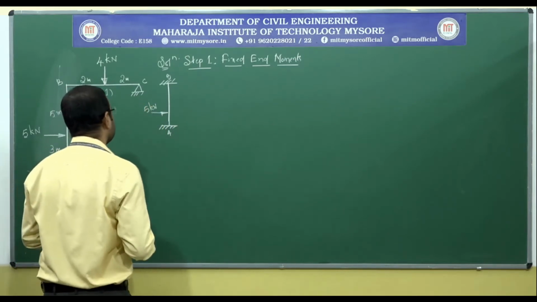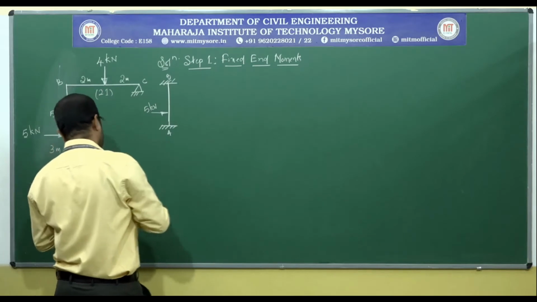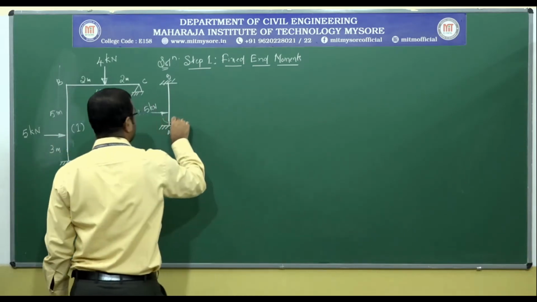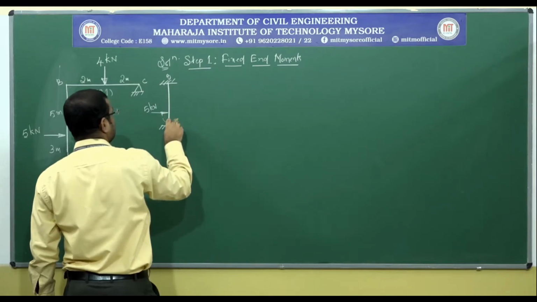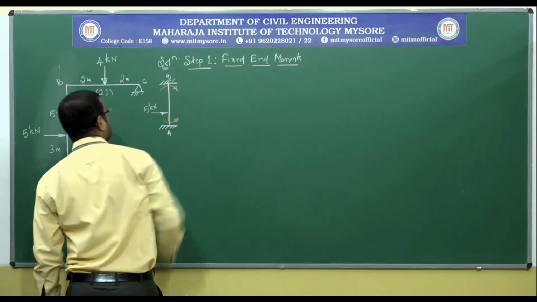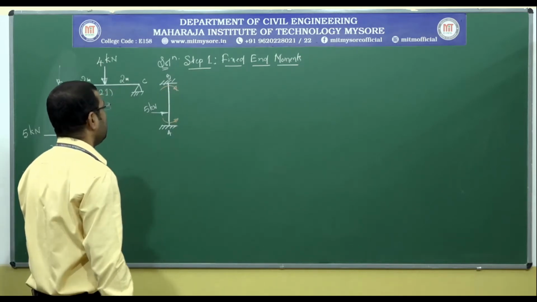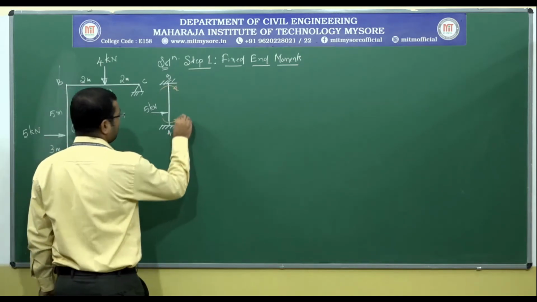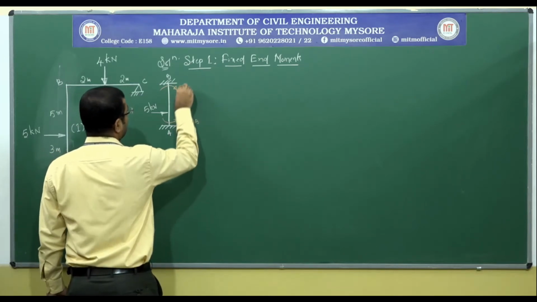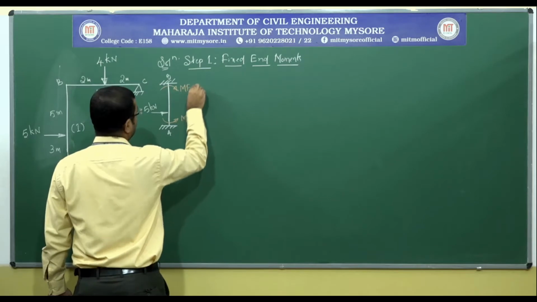Because of this load, the fixed end moments developed at end A will be something like this. So MF AB will be anti-clockwise in direction, and MF BA will be clockwise in nature. So we need to work out this MF AB and MF BA.